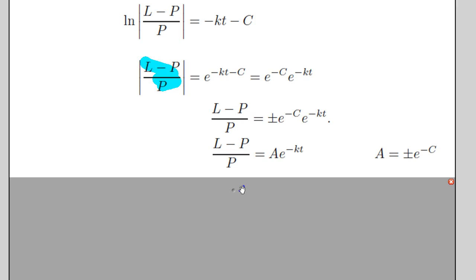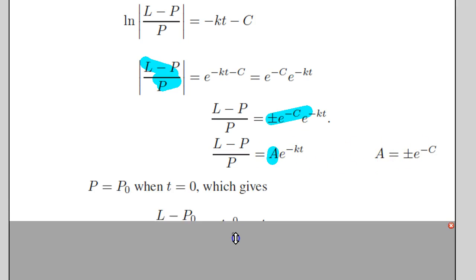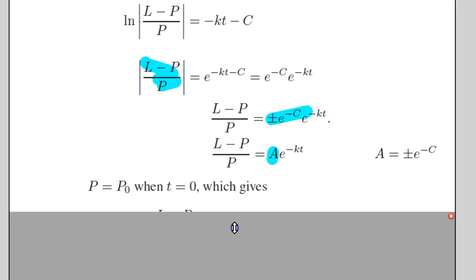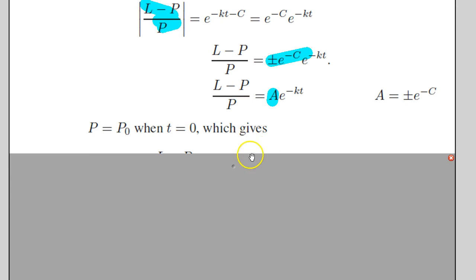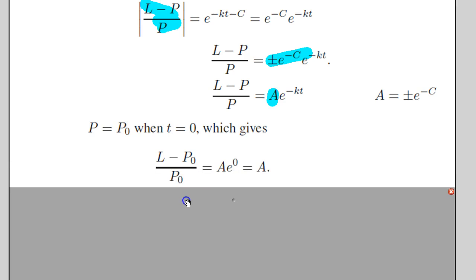Okay, again, doing some more algebraic manipulations by replacing this constant with A. And then to figure out how to determine what A is, again, let p equal p naught. That's the initial value, when t is equal to 0, that's what our population is.